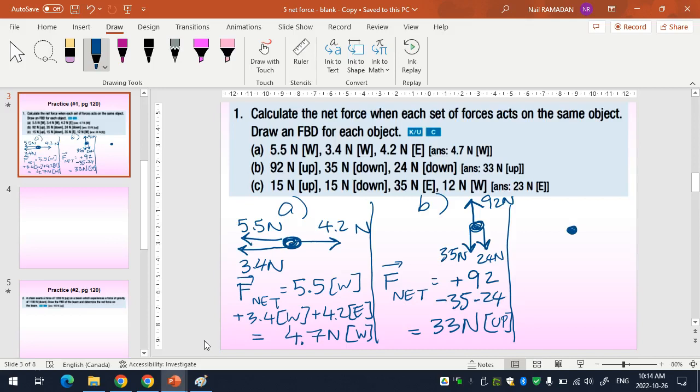So really, what ends up happening to this object? Staying still, no motion whatsoever. But let's just sketch the diagram. 15 this way, 15 this way, 12 this way, 12 this way. Okay, here's a question for you though.